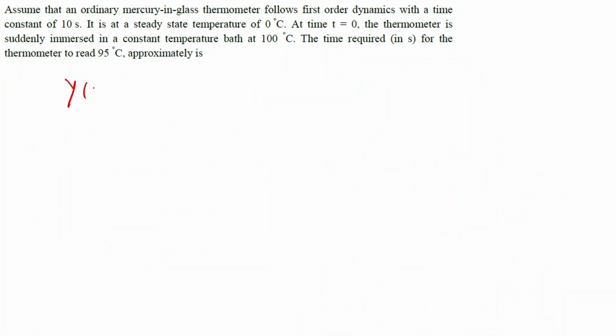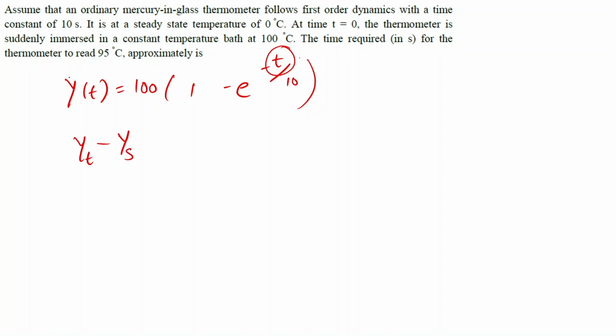So y of t is equal to A, which is 100 degrees Celsius, times 1 minus e raised to minus t upon tau, where tau we have been given as 10 seconds, and this time t we have to find. Now y of t is y at time t minus ys, is equal to 100 times 1 minus e raised to minus t upon 10.